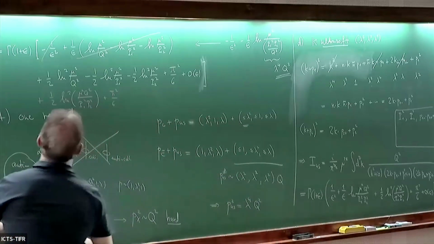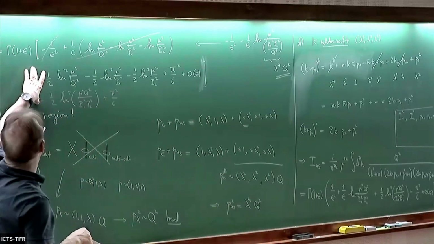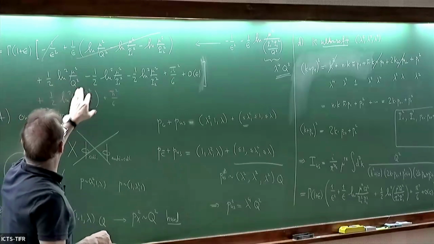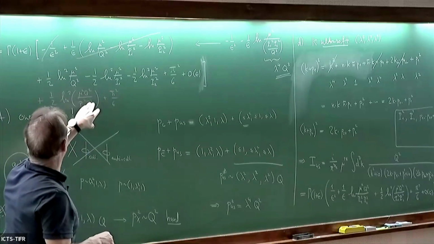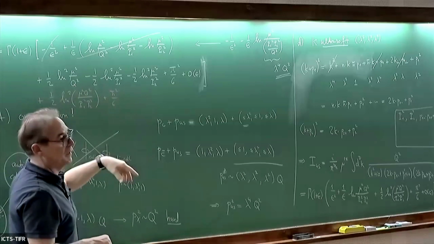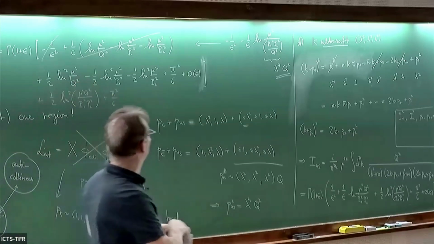And now all you need to do is hit full simplify. Basically, you need to decompose this log into logs of q and p1 and p2 and simplify this sum of double logs.